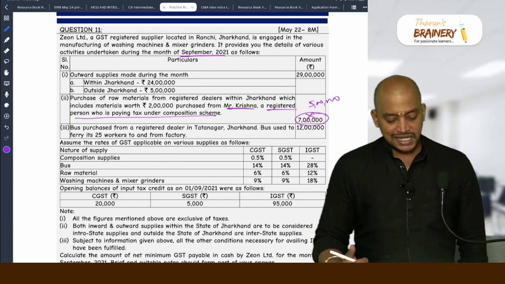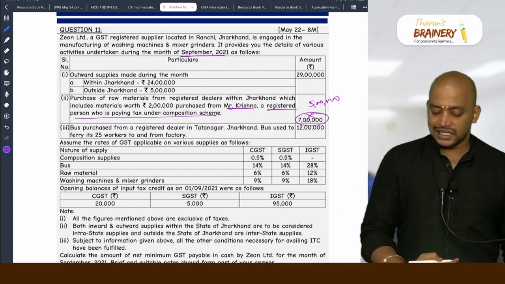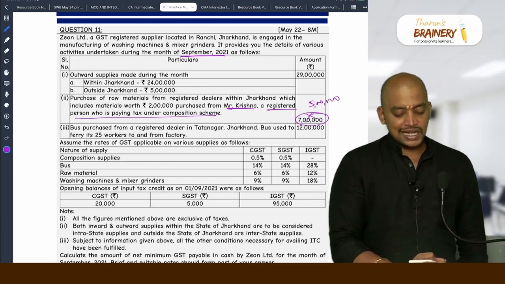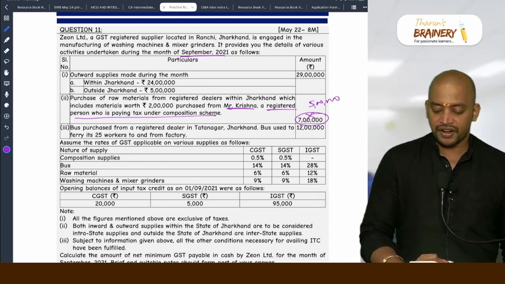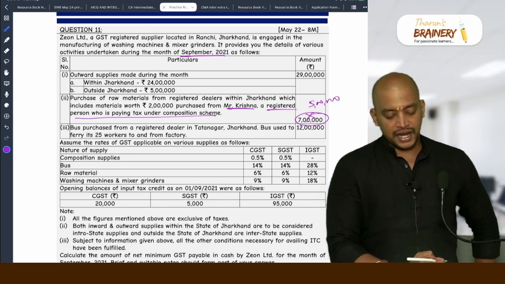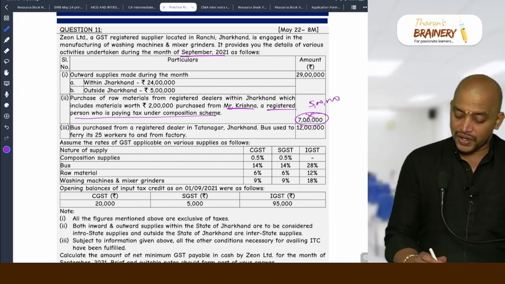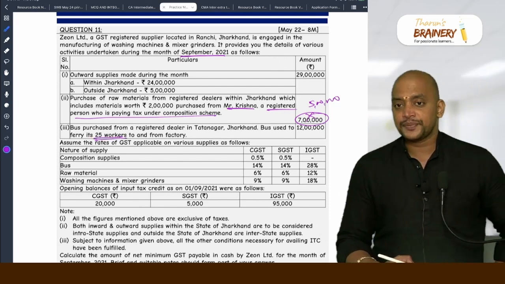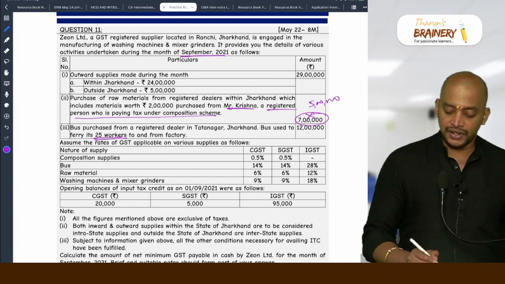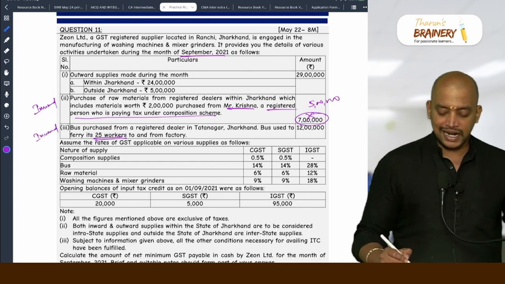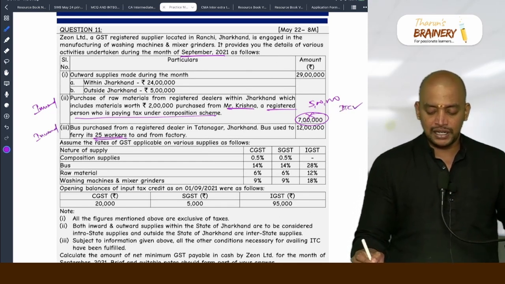Then a bus purchased from a registered dealer in Tata Nagar, Jharkhand. The bus is used to ferry its 25 workers to and from the factory. Now, can we take ITC with respect to this bus purchase? Yes, the capacity is 25, more than 13, so ITC is available. So the second point is also inward and ITC is available, and the third point is also inward and ITC is available.